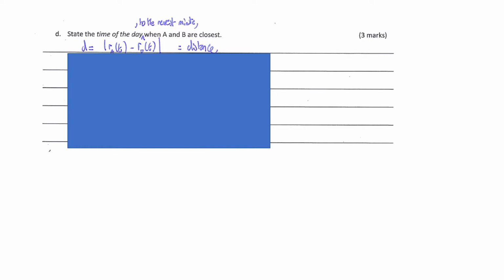So please take note carefully when you're talking about the distance between two objects whose paths are determined by position vector functions. This is the way to do it.